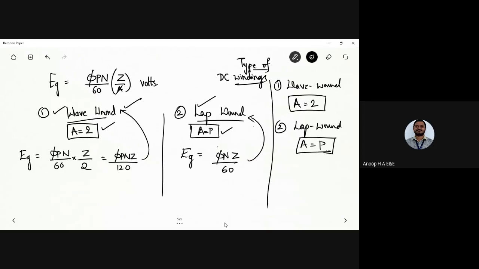In a lap wound machine the number of parallel paths equals P, the number of poles, and in a wave wound machine A equals 2.